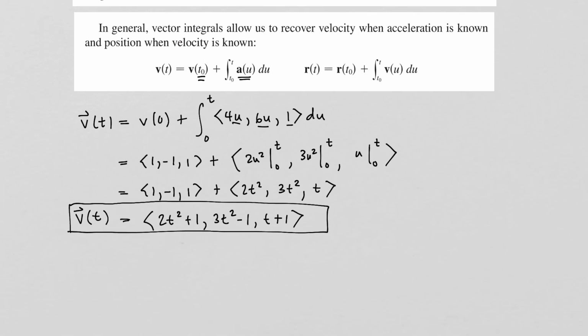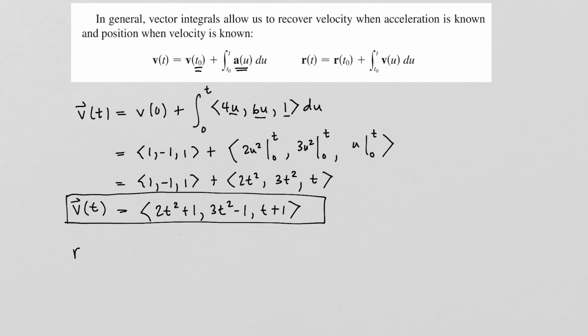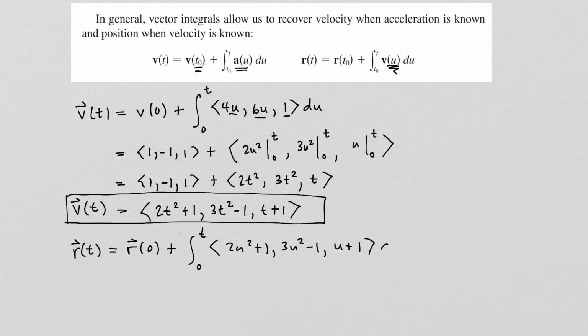Now to find the position function, r of t, we are simply going to take r of t0, which is 0, plus the integral from 0 to t of our velocity function as a function of u. So that's basically this function right here, but I'm going to put a u in there. And so this becomes 2u squared plus 1, 3u squared minus 1, and u plus 1, du.